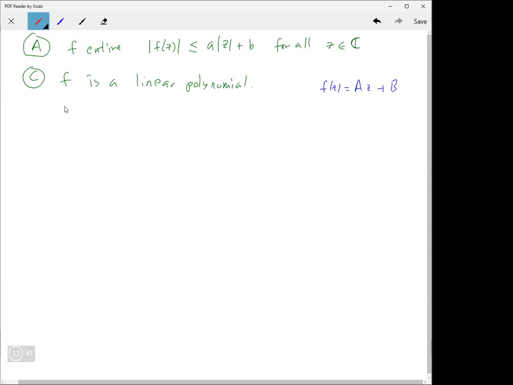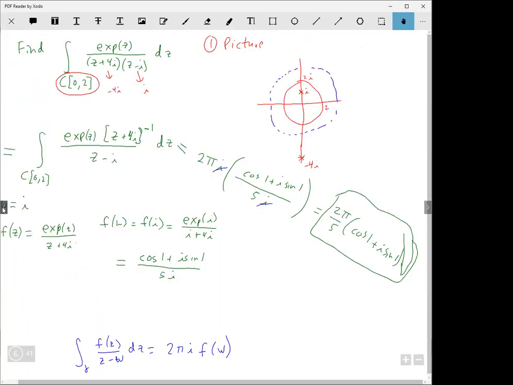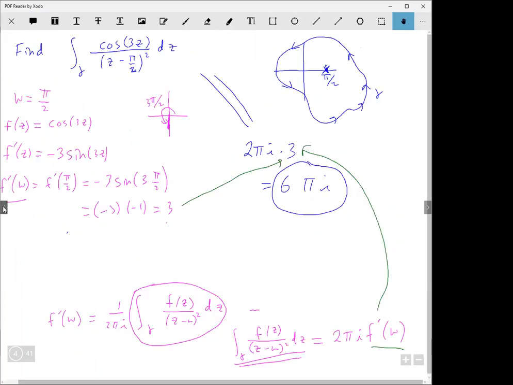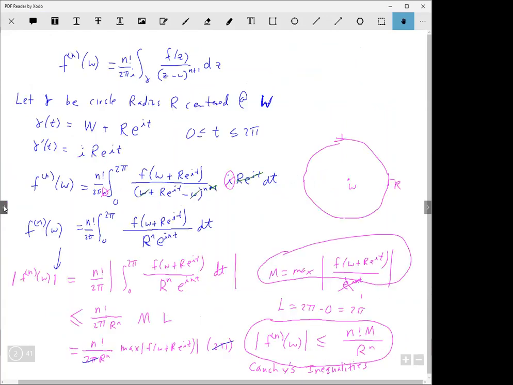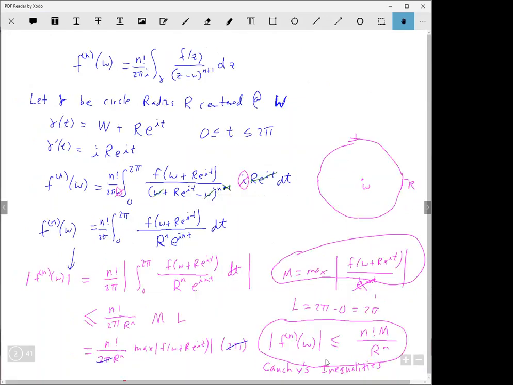Okay, so let me show you the proof. Here, I'm going to do Cauchy's inequality with n equal to 2. Let me go back to where we have it written down. This one right here, Cauchy's inequalities for n equals 2.